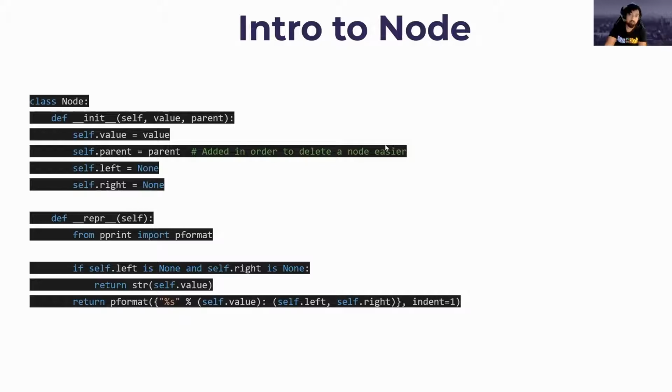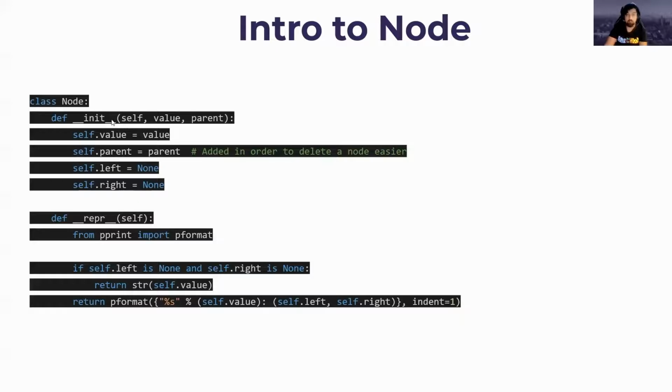And we will go more in depth into this, and you'll see it become more clear when we go over the remove function of the binary search tree later in this video. Notice that we also have the attributes self.left and self.right, and they're both equal to None. That means when we initialize a node class, it will have no children by default.